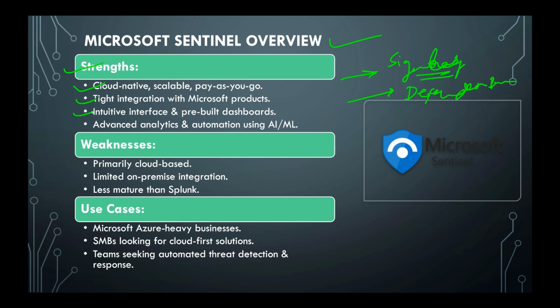The interface is very intuitive, and you don't need to be a SIEM expert to get started. It also offers pre-built queries, dashboards, and playbooks to simplify threat detection and response, and advanced analytics and automation. Sentinel uses built-in machine learning and artificial intelligence for threat detection, as well as for automation and incident response with playbooks.